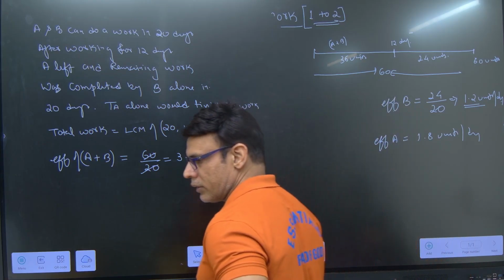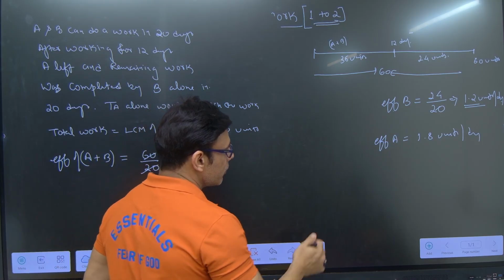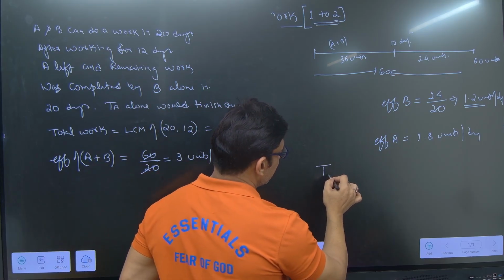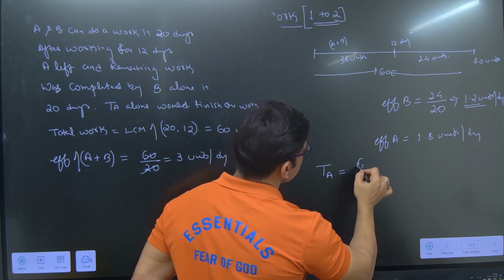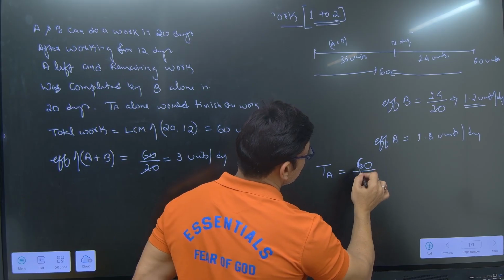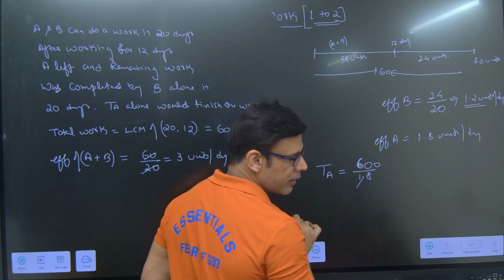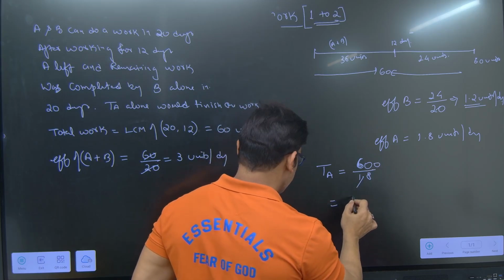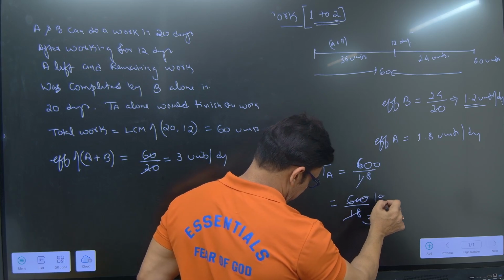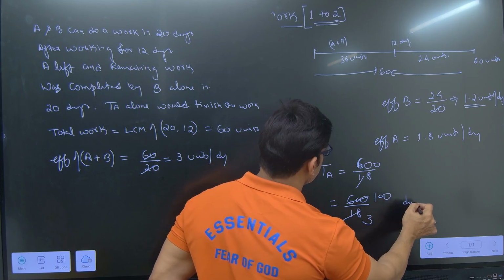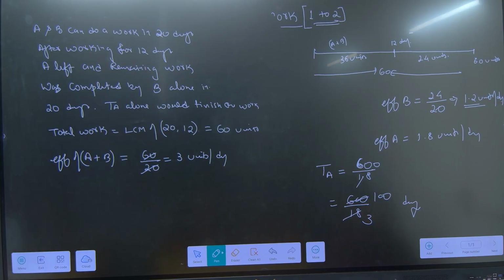1.8 is 18 by 10 or 9 by 5, right? So what is the time taken by A alone to finish this work? Time is work, which is 60 units, by 1.8. Decimal आया, 0 आया. So how much will you have? 600 by 18, 6 3s are 18, so 100 by 3 days. 33.33 days alone, right?